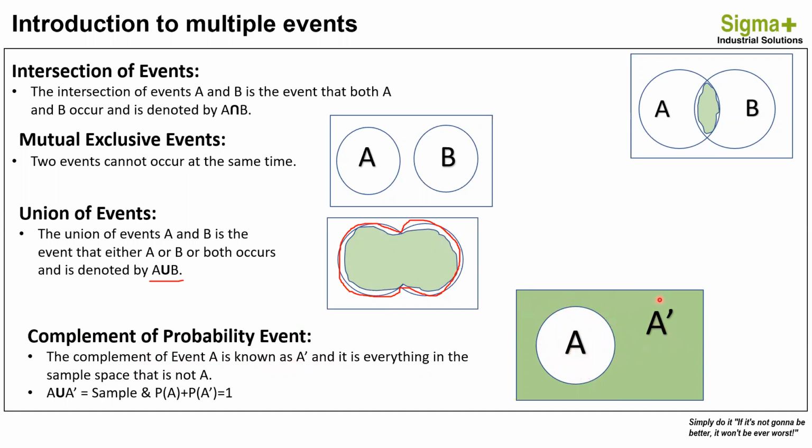So whatever is located outside is known to be the complement of the probability of the event. And simply by logic, we can say that P(A) plus P(A dash) should be equal to 1, right?